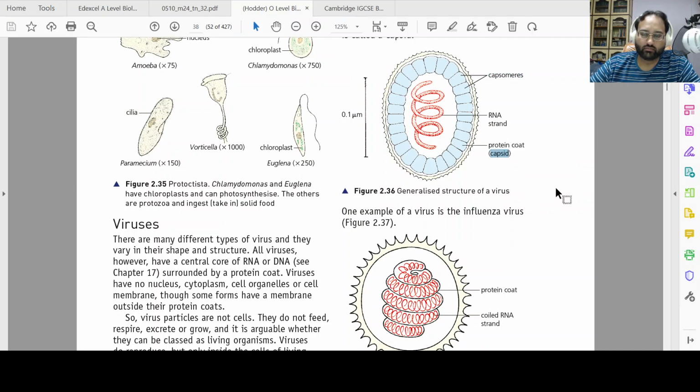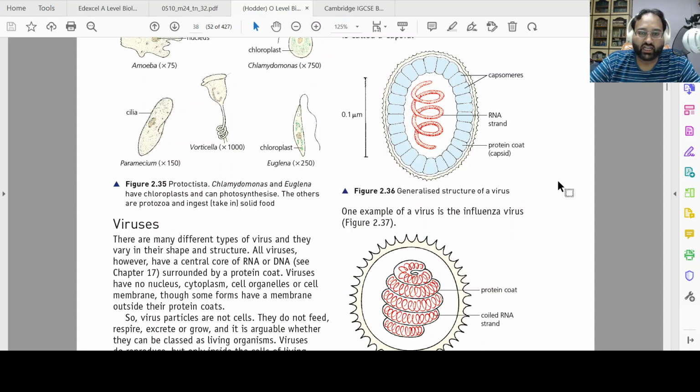One thing to keep in mind is that there are a number of terminologies that you need to memorize. Definitely, there is memorization in biology, and you also need to be able to label diagrams.